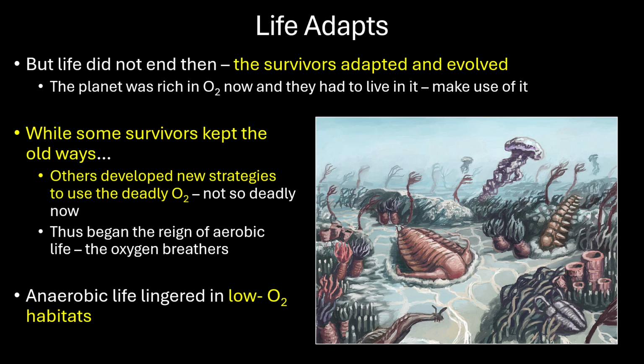Other organisms invested in those strategies. These organisms avoided them, right? They invested only in the things that they already had, okay? And so we have this splitting that happens where some organisms stayed anaerobes and many more abandoned that lifestyle to live amongst the oxygen and utilize it, becoming aerobic, oxygen-breathing organisms.